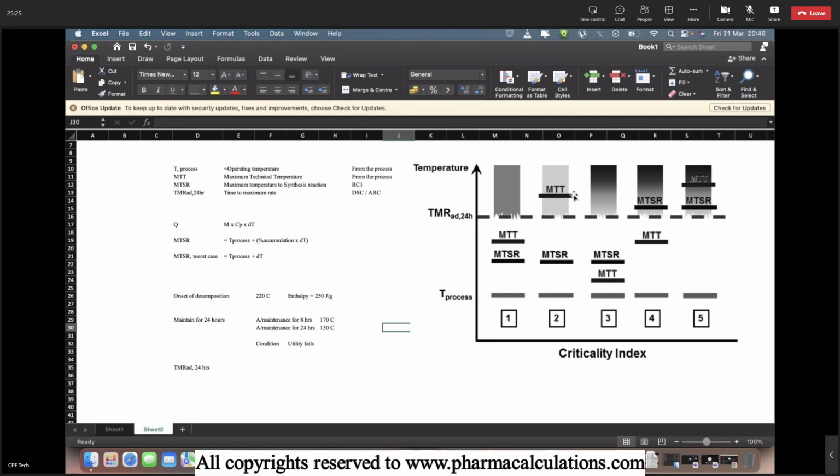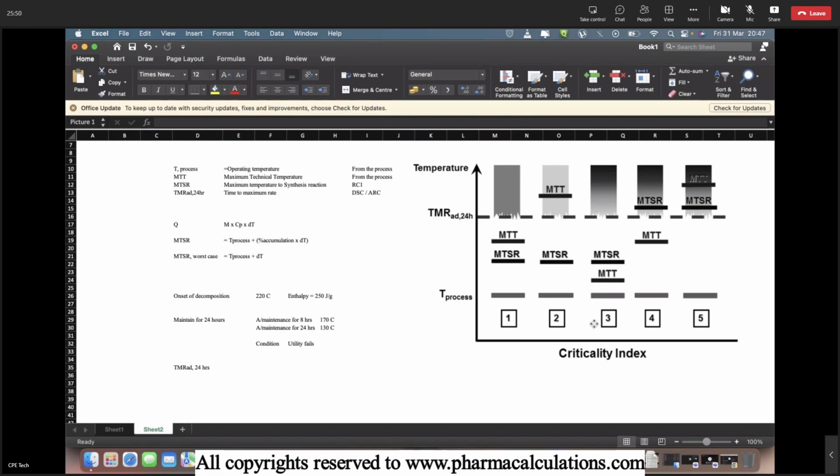Here the maximum technical temperature is beyond the decomposition line. That means once the MTSR is crossed due to some non-application or wrong application of a utility, then you can reach this decomposition. So this is also somewhat the same scenario compared to class 1.